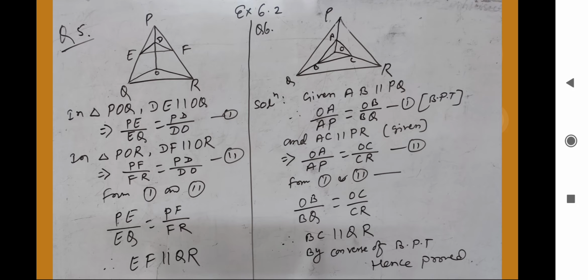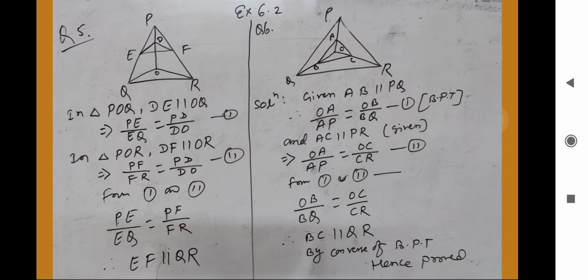So we can say, looking at the figure, PE by EQ is equal to PD by DO. It is very clear using Thales theorem. This is the basic proportionality theorem which we understood in the last class.